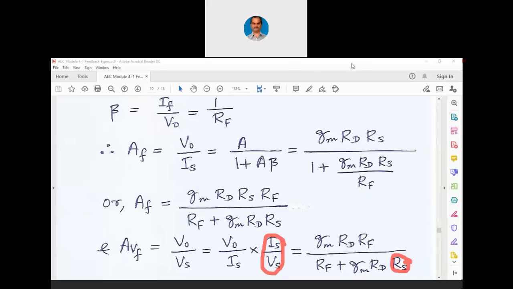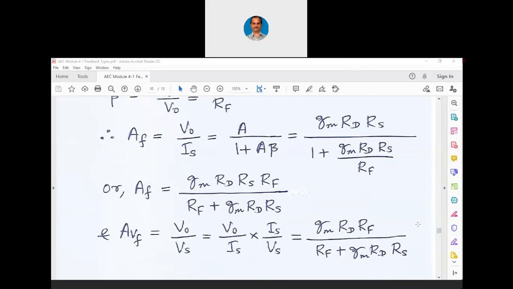Let me stop annotating and let me write annotation in a different way. This Is by Vs is getting cancelled here, because at the numerator you have this Rs. When we multiply by Is by Vs, that is 1 over Rs, that is getting cancelled here. So naturally you have Gm into Rd into Rf divided by Rf plus Gm into Rd into Rs. That is the expression for gain of voltage with feedback.